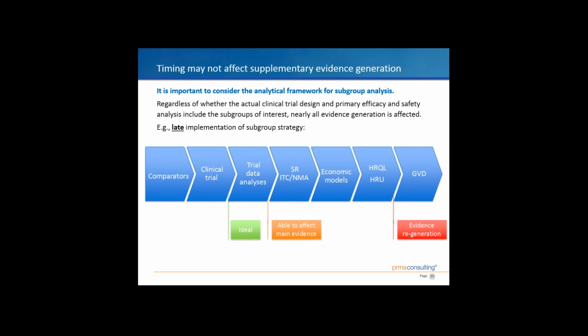But what I would consider relatively worst case is right there at the end, where most of the evidence has been generated either very late in the development or as a result of the market authorization decisions, or even during reimbursement negotiations, subgroups have arisen.